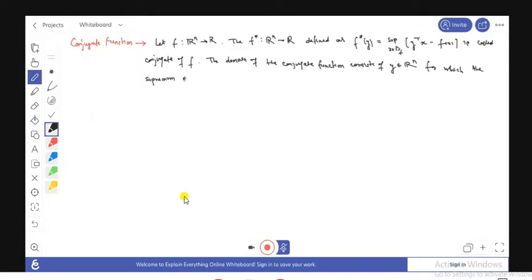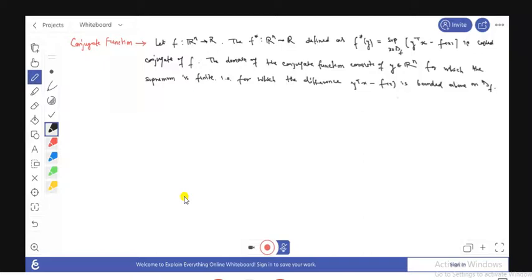This means for which the difference, that is y transpose x minus f(x), is bounded above over the domain of f. Okay, so this is the definition of the conjugate function.